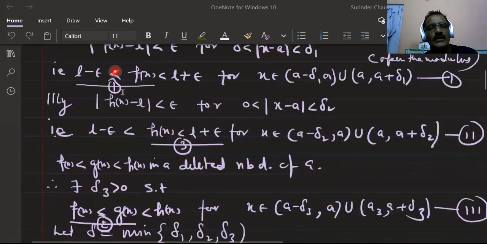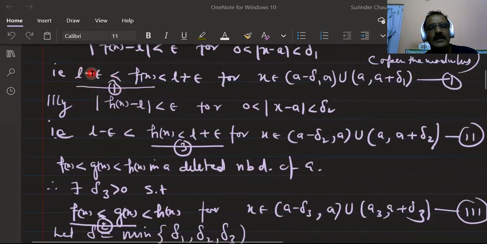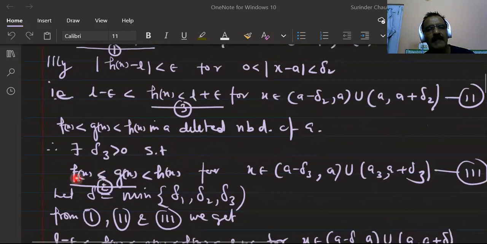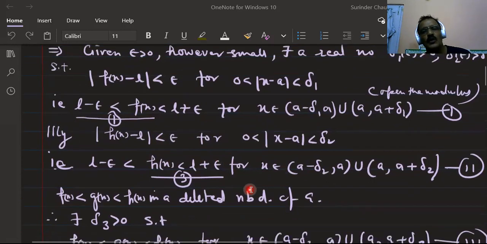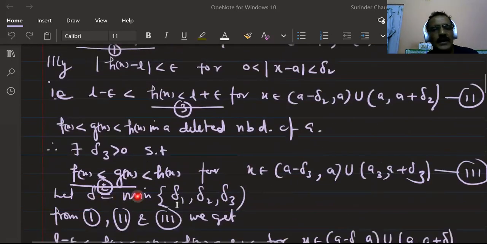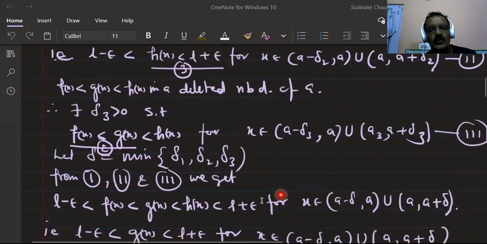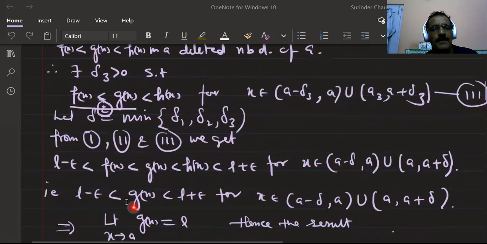So from the first, L minus epsilon is less than f(x), second f(x) is less than g(x), g(x) is less than h(x), h(x) is less than L plus epsilon in this delta deleted neighborhood of A. So using this, now in this delta neighborhood of A, the required result: L minus epsilon is less than f(x) is less than g(x) is less than h(x) is less than L plus epsilon.